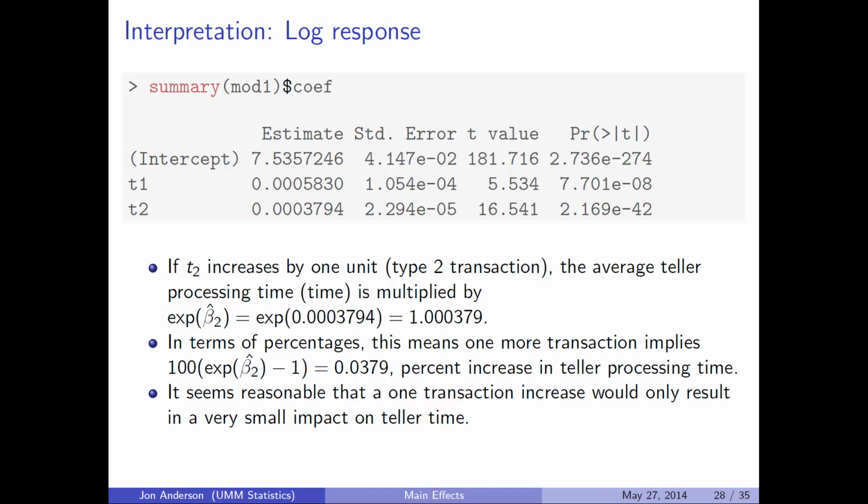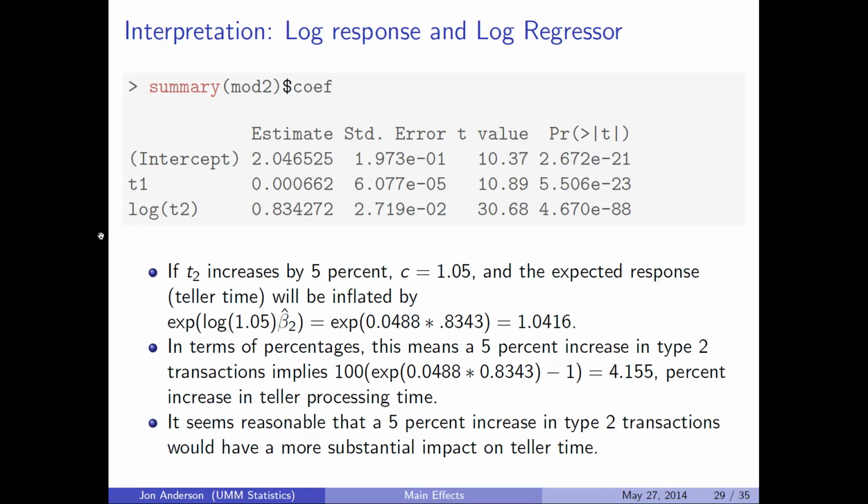So not even a 1% increase in teller time for one more Type 2 transaction. And I think it is reasonable to think that just one more Type 2 transaction, when there might be dozens or hundreds of them in a day, is a quite reasonable expression for how much percentage increase there would be in teller time.